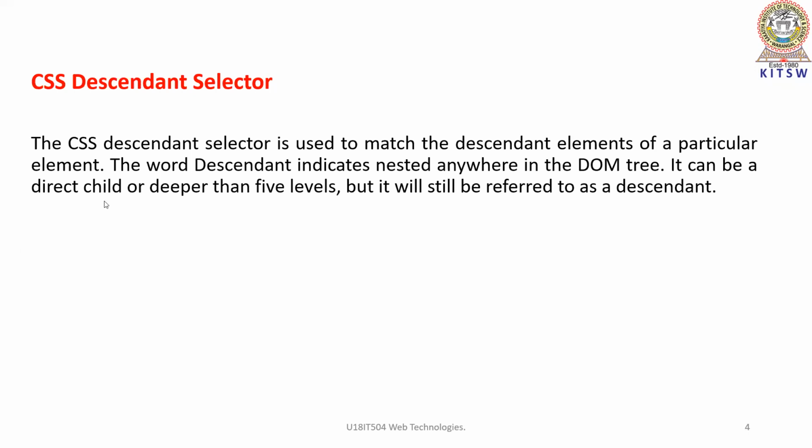It can be a direct child or deeper than 5 levels, but it is still referred to as a descendant. For such elements, we can use the CSS descendant selector to apply style.